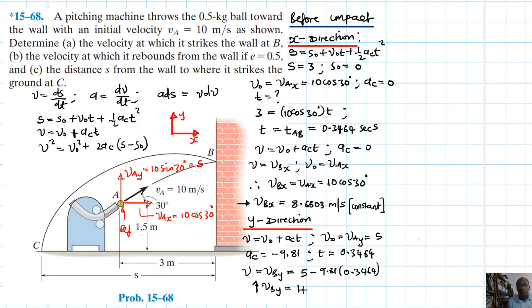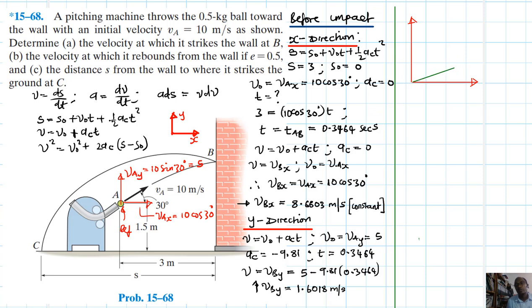This we get 1.6018 meters per second. So there we go, something like that, and we have the resultant.